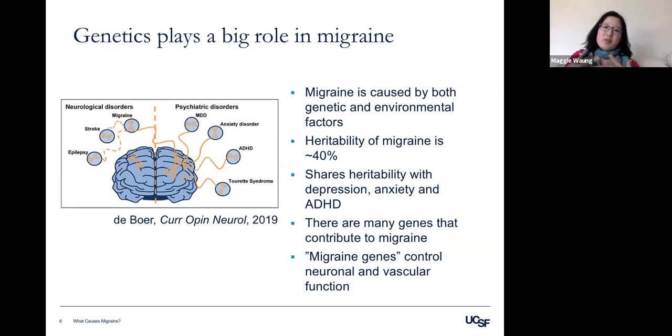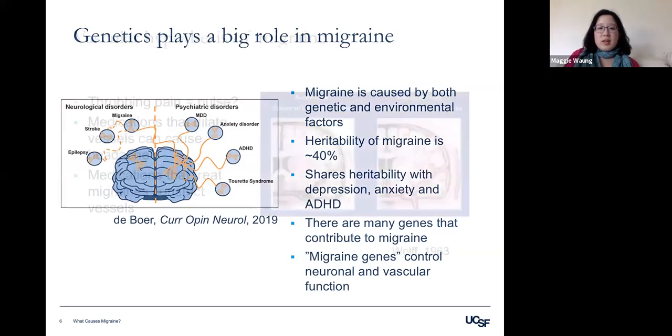We think of migraine commonly as caused by a group of many genes, or something we call polygenic. And the migraine genes that have come out of these genetic studies are thought to control neuron function and also some vascular function, so controlling blood flow, the dilation and constriction of blood vessels.